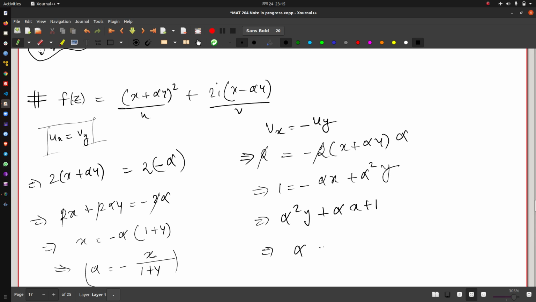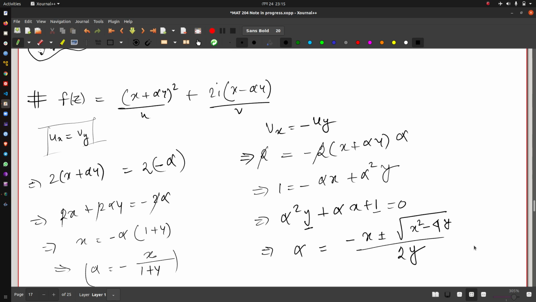If you solve it, this will be minus x plus minus the square root of, 4, it will be a and it will be c, so this is just 4y divided by 2. What is a? A is just y, something like this, right?